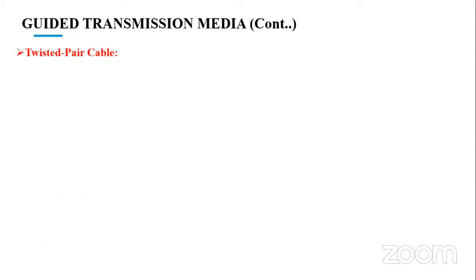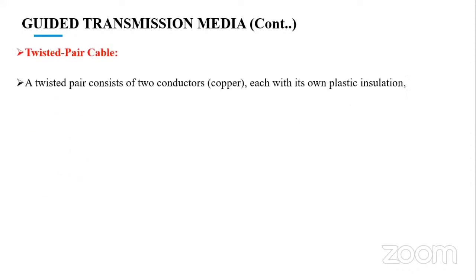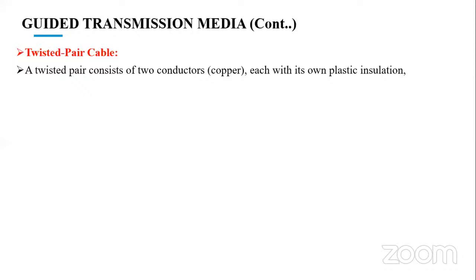Twisted pair cable, the very first one of guided medium. A twisted pair cable, it's a very easy one, friends. Just go through the sentence or concentrate on my voice. A twisted pair cable consists of two copper wires, each with its own plastic insulation.